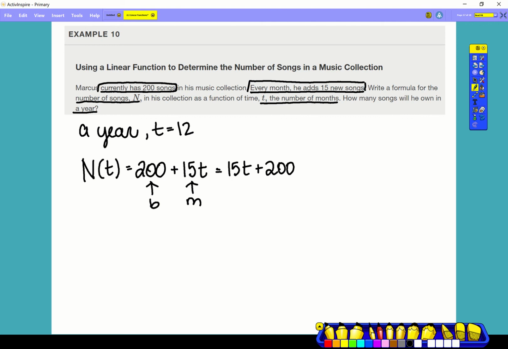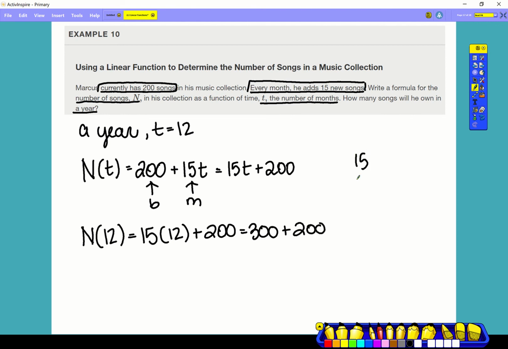Now they want to know how many songs he'll own in a year. So we need n of 12. 15 times 12 plus 200. That is going to equal 300 plus 200. That is right? I don't know. I don't have a calculator.